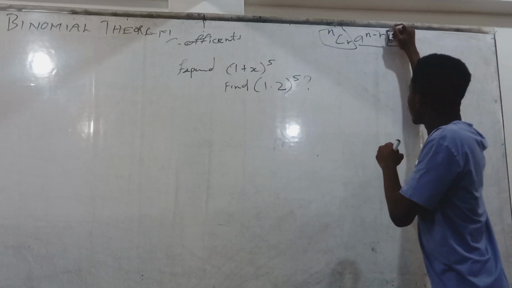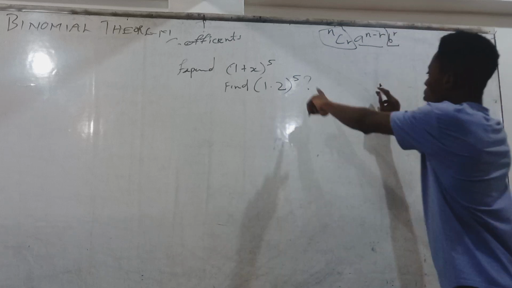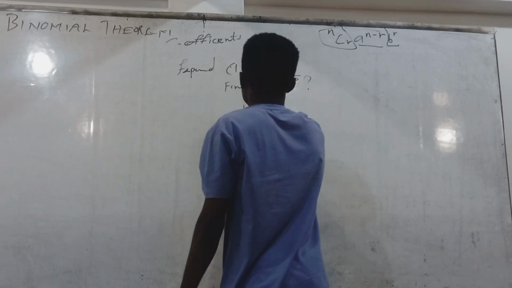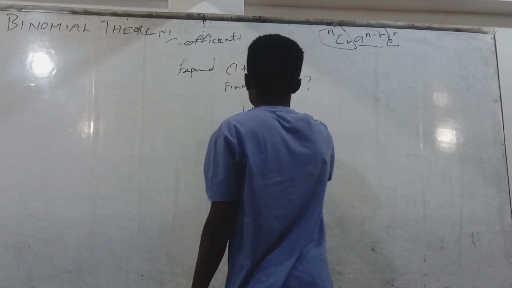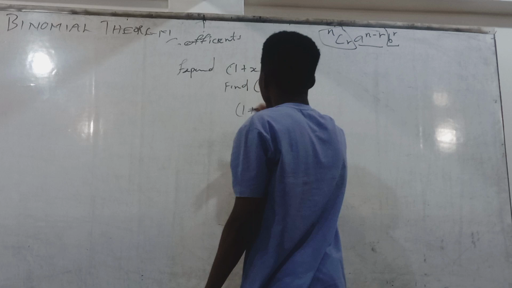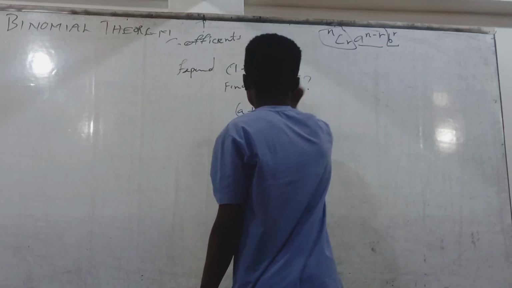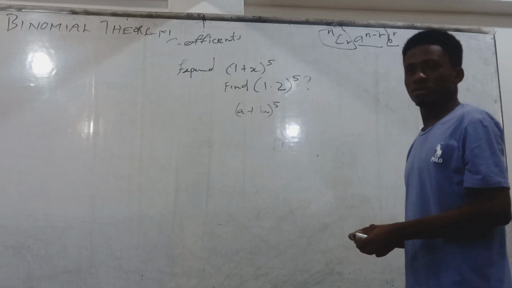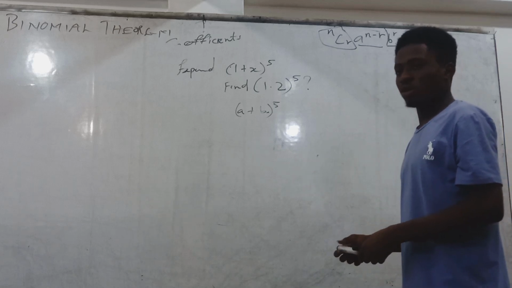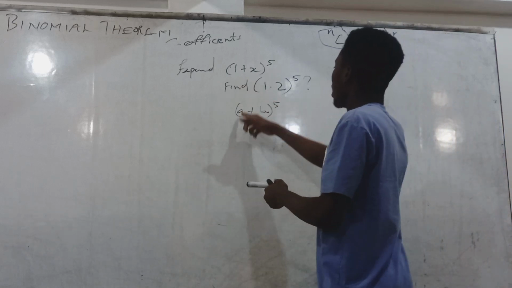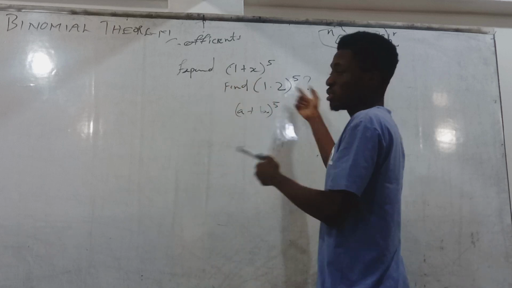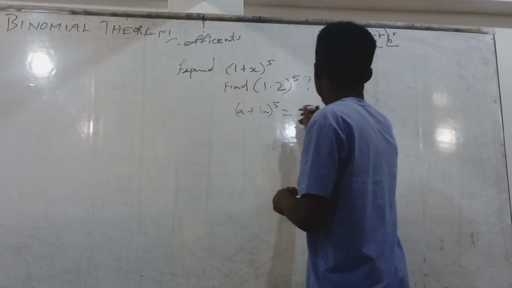So this is the easiest. With (1 + x)^5, you can attribute 1 and x to a and b. So let a equal 1 and b equal x. Then you use it to do the expansion.